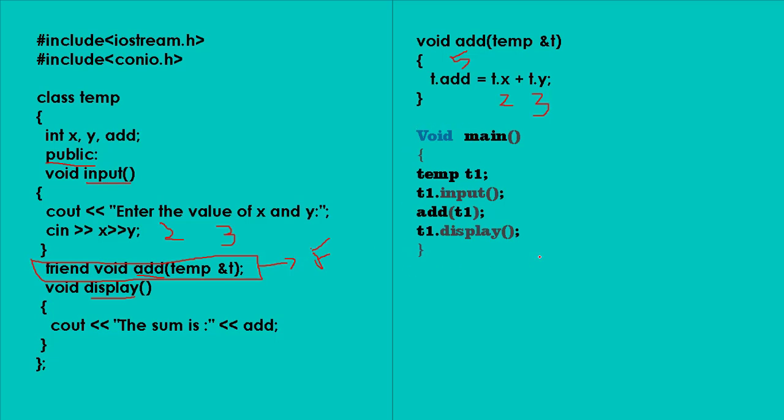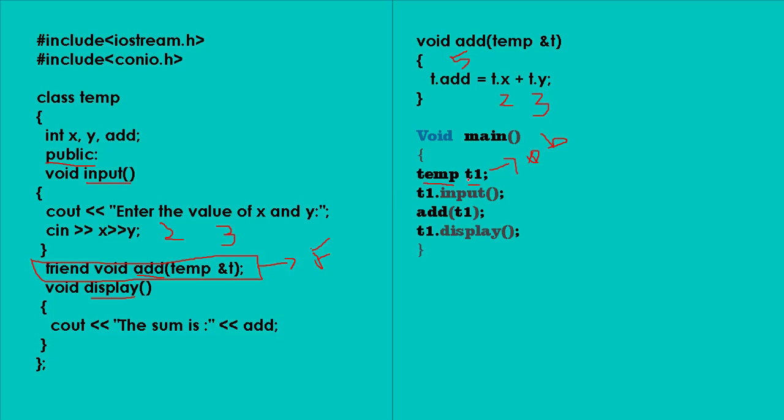Now coming to the void main, every program should have a main function. Any program will start from the main function. Once the class has been defined, here we have the class name temp and t1 is the object name, t1 is the object which is used.